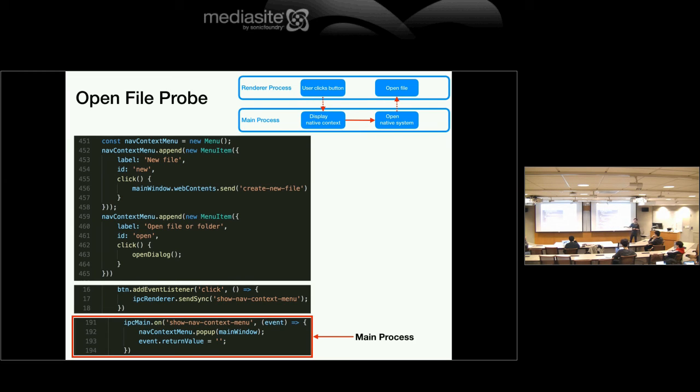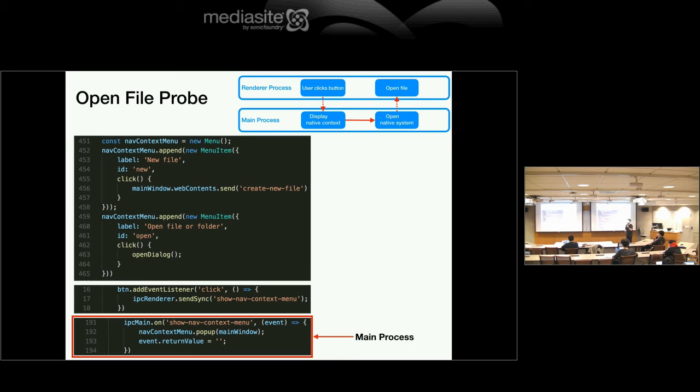The job of the ipcMain module at the main process is to handle synchronous and asynchronous messages sent from the renderer process. So in this example, whenever a new message arrives through this channel, the main process will call the popup function of the menu instance to display that context menu on the GUI.